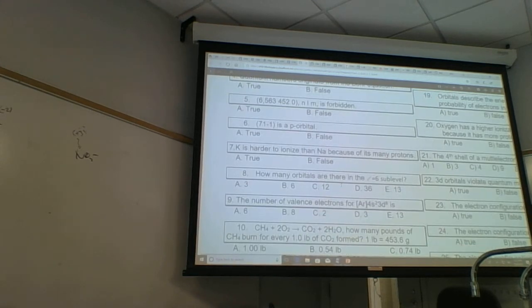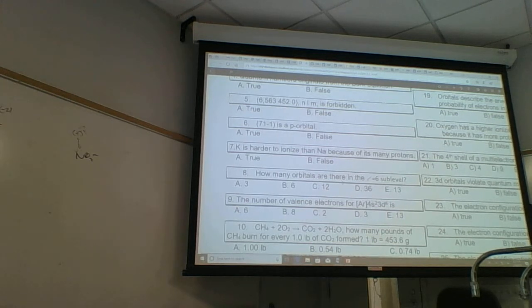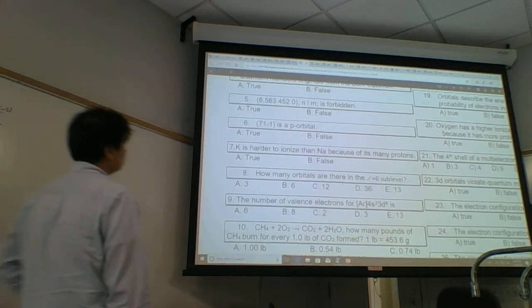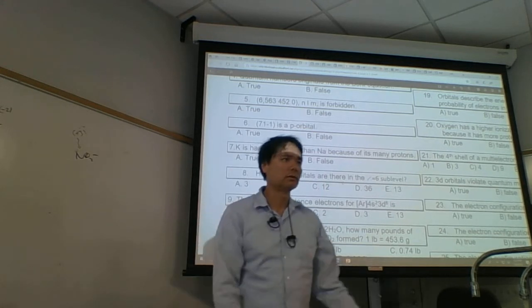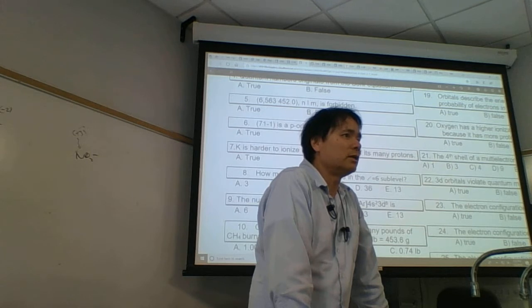6. 7, 1, -1 is a p orbital. Well, the middle number is L. L equals 0 is what we call an s orbital. L equals 1 is what type of orbital? It's a p orbital.